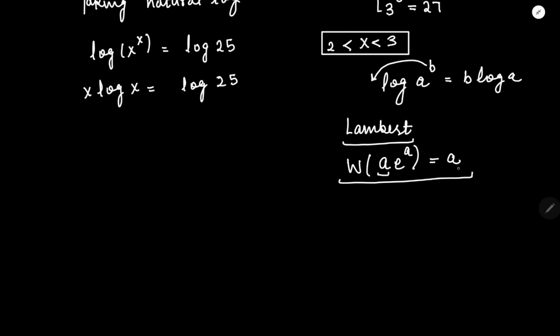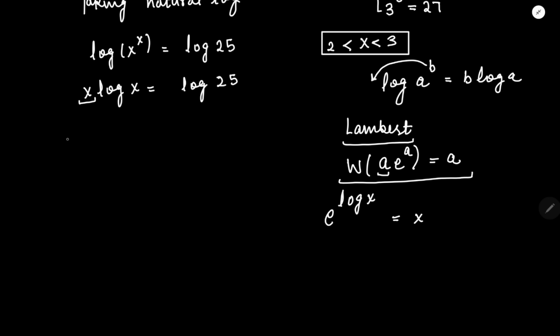So can I somehow write this x log x in the form of a e raised to power a? Do you know that e raised to power log x is actually equal to x? So what will I do here?